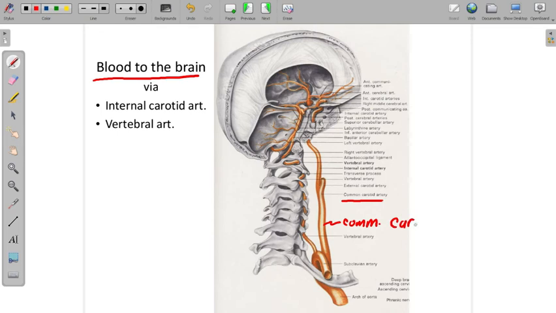I'm going to abbreviate and get a smaller pen. And then it divides. So that would be our external, which we're not looking at right now because we're going to the brain. So this is our internal carotid.